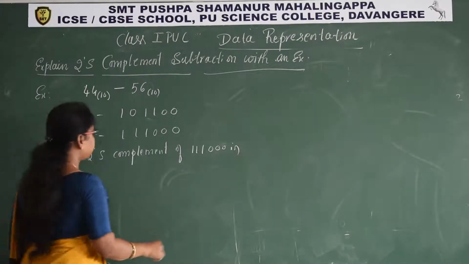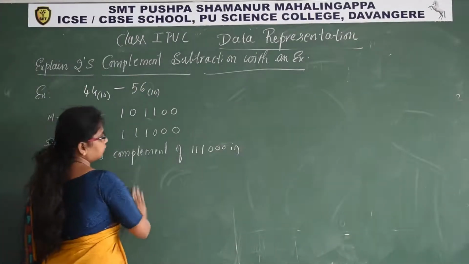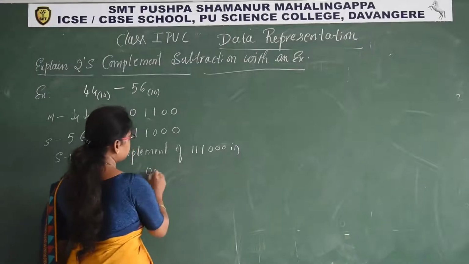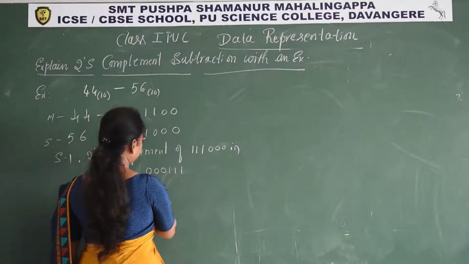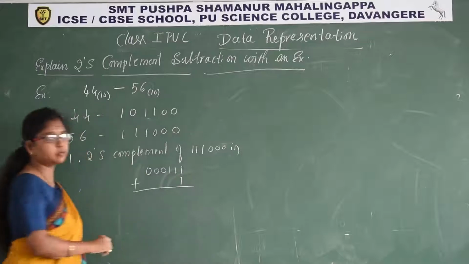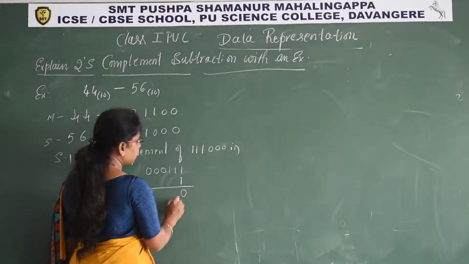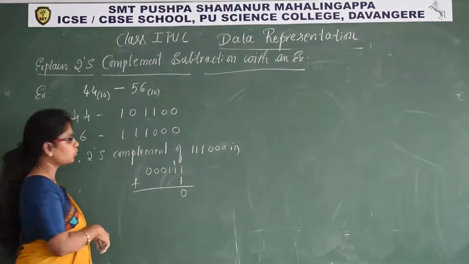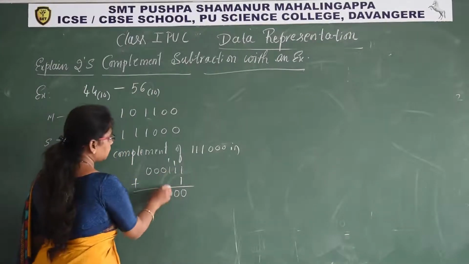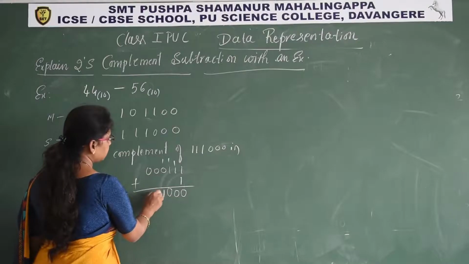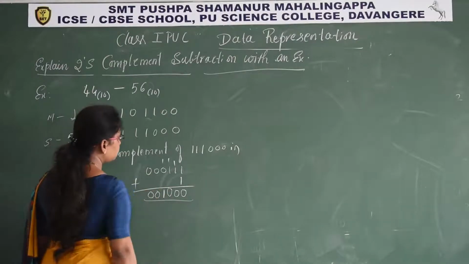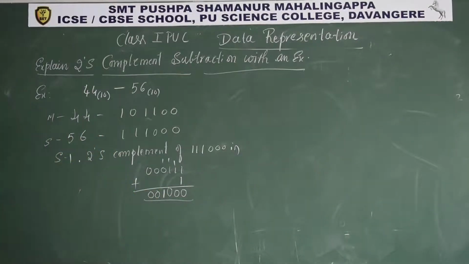It gives the 2's complement. How to get the 1's complement? 000111 plus 1. According to binary addition rule, 1 plus 1 is 10. Here 0 is the result and 1 is the carry. So 001000 is the 2's complement of the subtrahend 56.